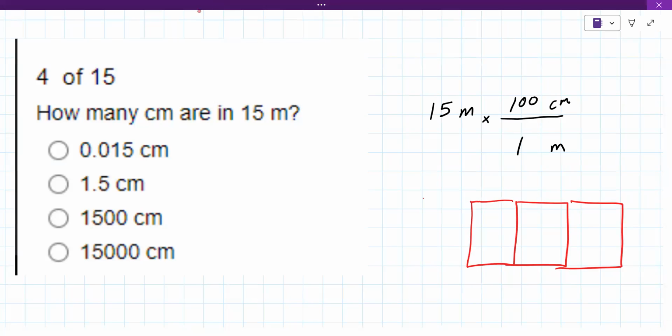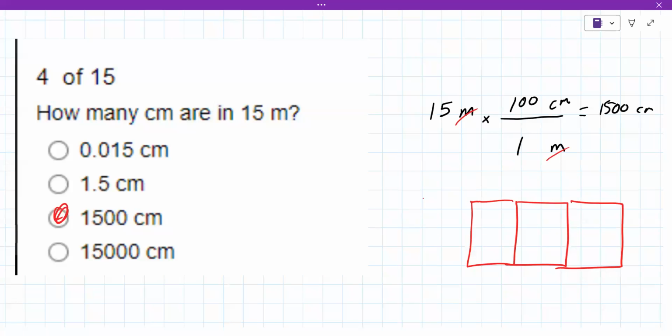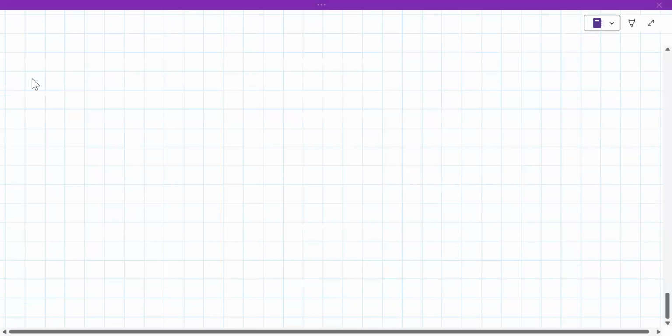So there are 1,500 centimeters. The units of meters do cancel here. Now that I'm looking at that, I don't know if I like that one as much, but I'll find another one.